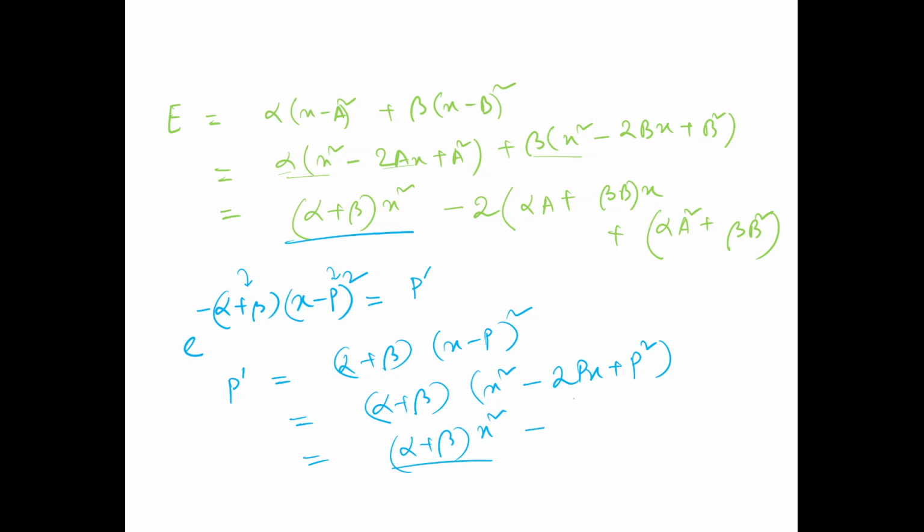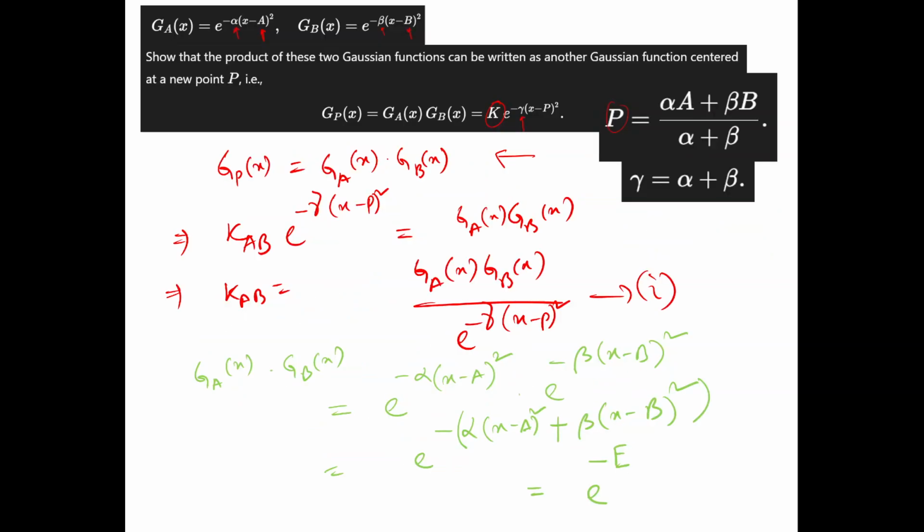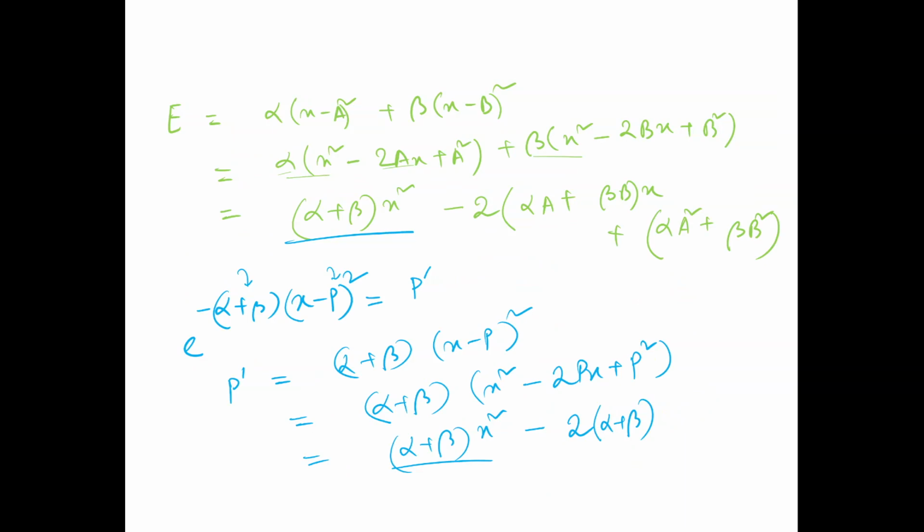Now you have 2 (alpha plus beta) Px, right? Now in place of P, you put the value of P that is given: alpha a plus beta b divided by alpha plus beta. So in place of P, I'm putting the value of the capital P, and now you're left with this x.